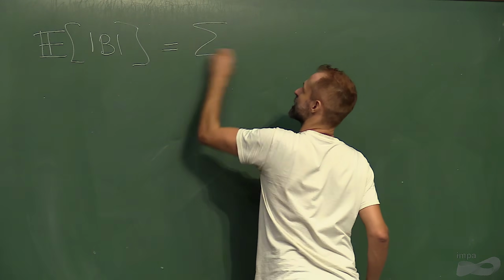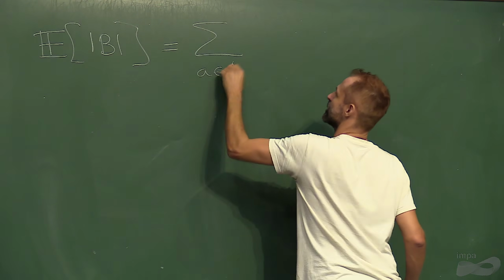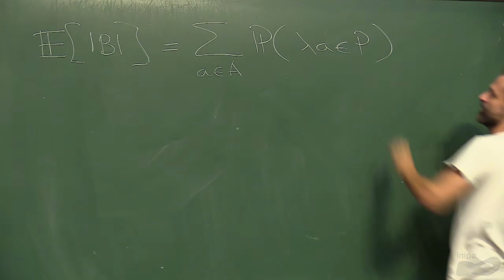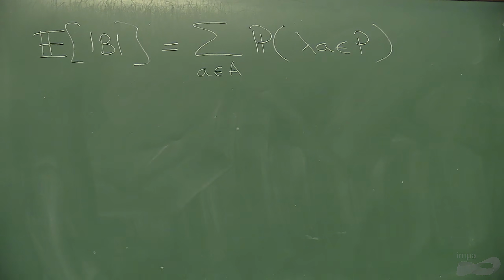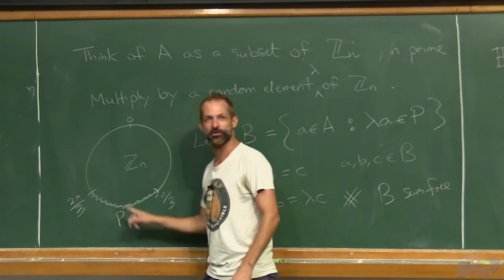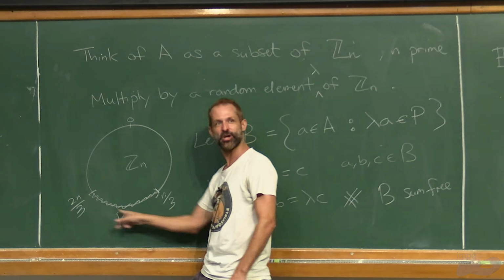It's the sum over all a in A of the probability that lambda a is in P. What is the probability that lambda a is in P if lambda is a random element of Zn? P is this entire interval, not that it's equal to a single value, but that it's in this giant interval.